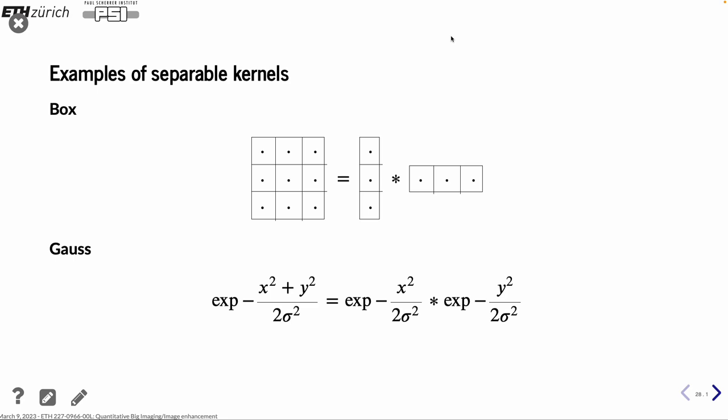Now you may ask yourself, is this really a good idea? Sometimes yes. If you have large kernels, say a kernel which is 15 by 15, then you have quite many operations to do. Or if you have three-dimensional filtering, then it's a really big change, because say you have just a 5 by 5 by 5 filter kernel.